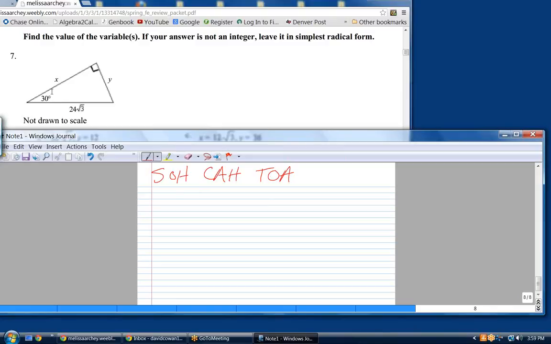You can certainly say tangent of 30 degrees is y over x, but you can't solve that because it's got 2 variables in it. So what you're looking for is a trig function that only has 1 variable. That solved for y because I was able to say sine of 30 degrees equals y divided by 24 root 3. So y is equal to 24 root 3 times the sine of 30 degrees, which is 1/2. So y would be 12 root 3.